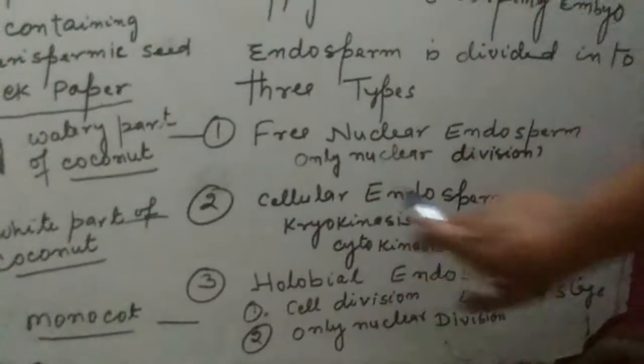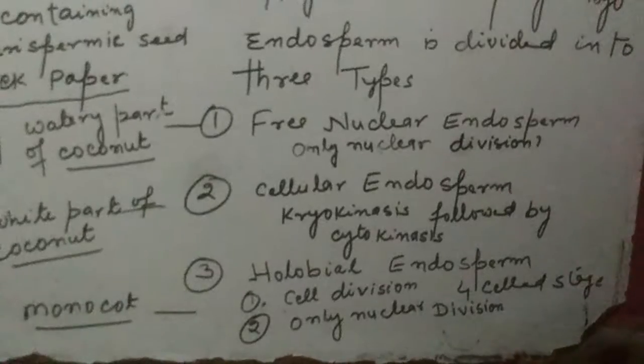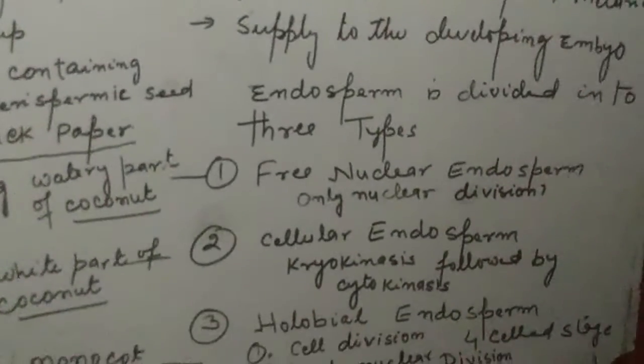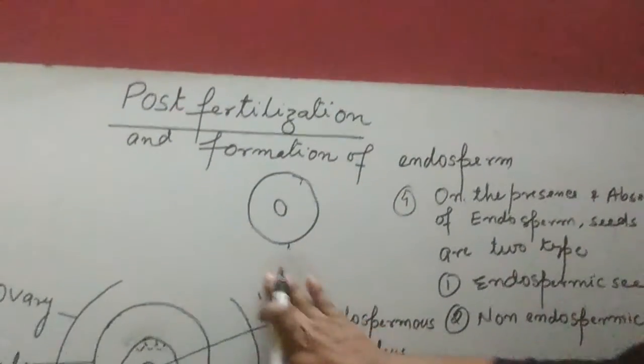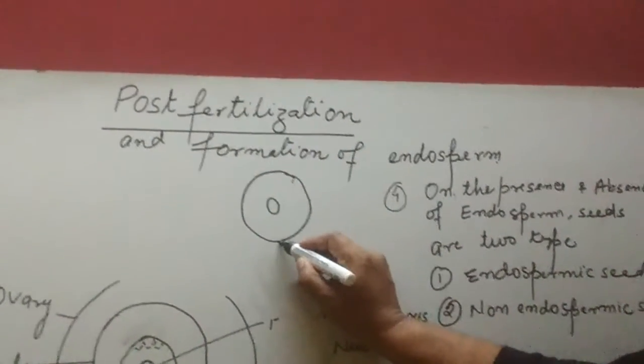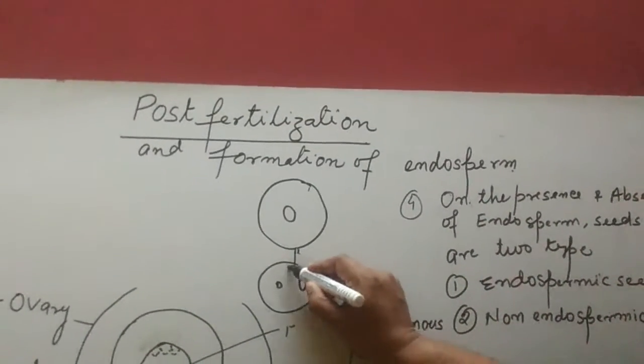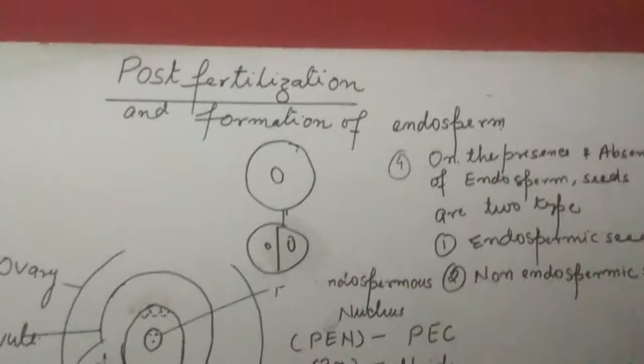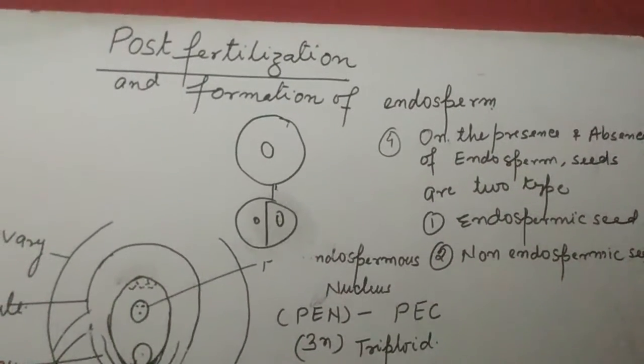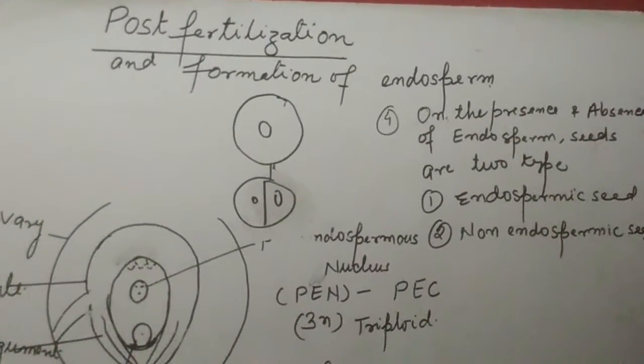Second is the cellular endosperm. In cellular endosperm, firstly karyokinesis occurs, the nucleus divides into two, and then cytokinesis follows.